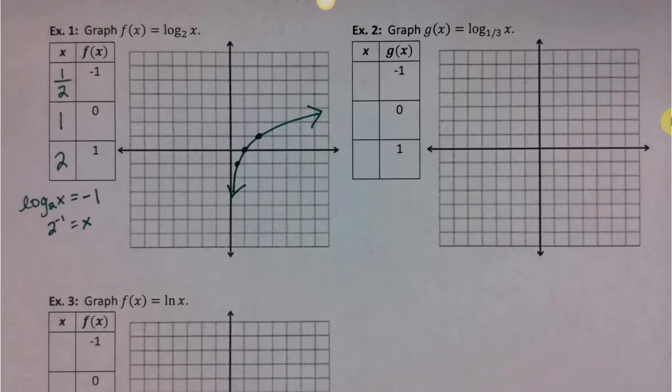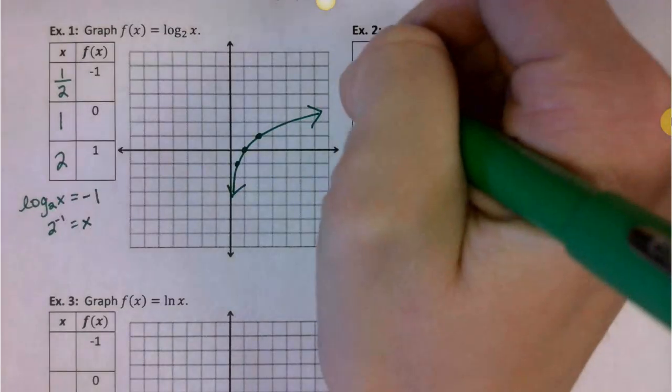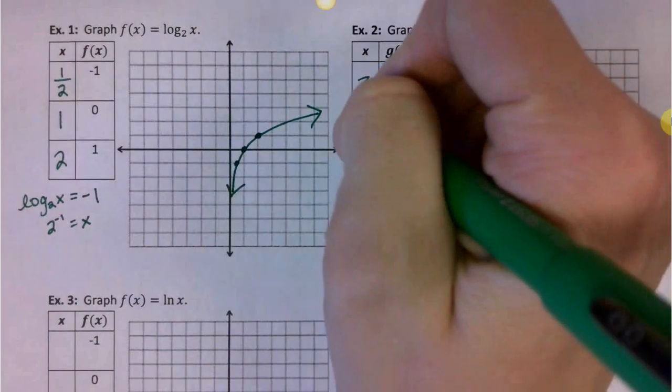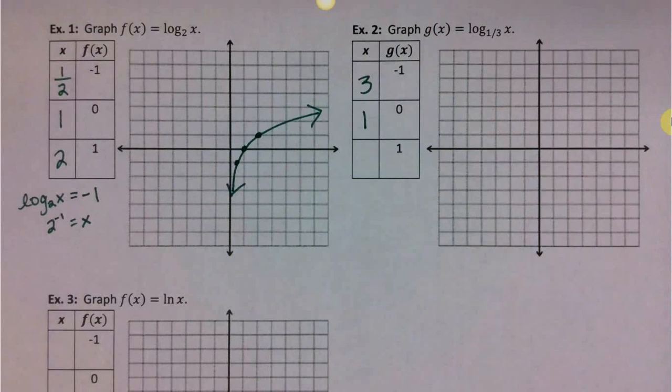So we're going to do something similar for the log base 1/3 of x. When is the log base 1/3 of x equal to -1? Well, that's the same as evaluating 1/3 to the -1, which is 3. And where is log base 1/3 of x equal to 0? That's the same as evaluating 1/3 to the 0, which is 1. And where is log base 1/3 of x equal to 1?